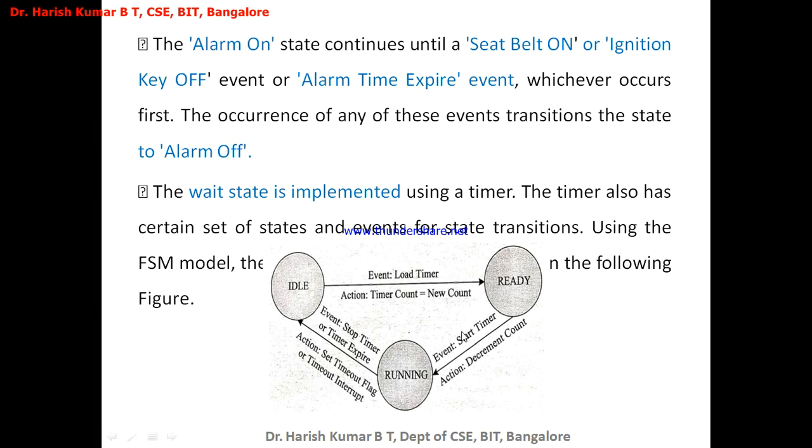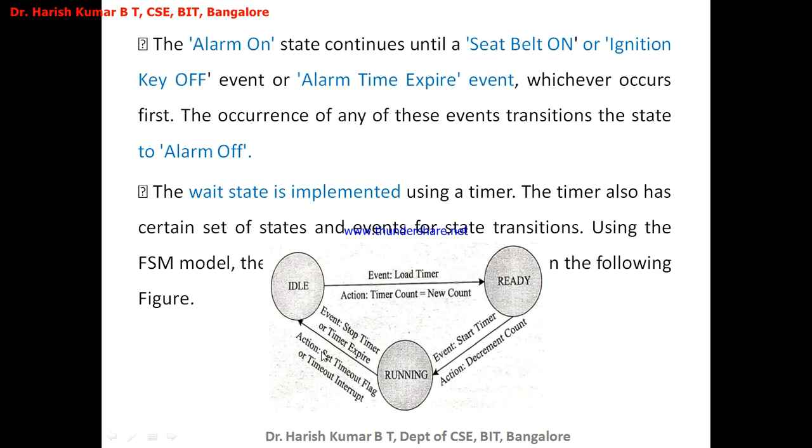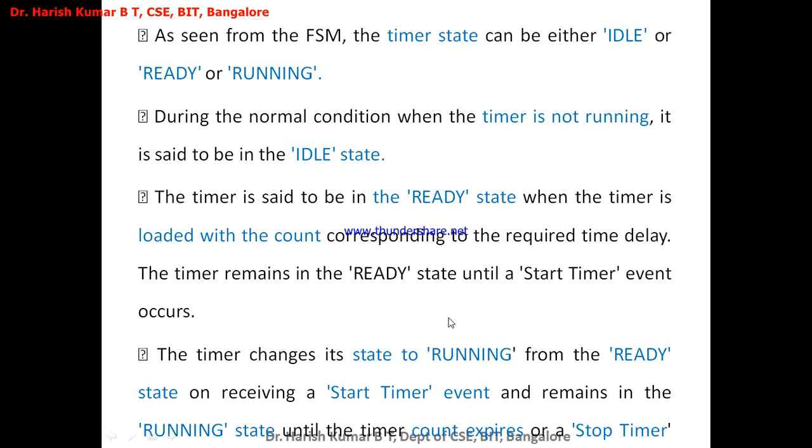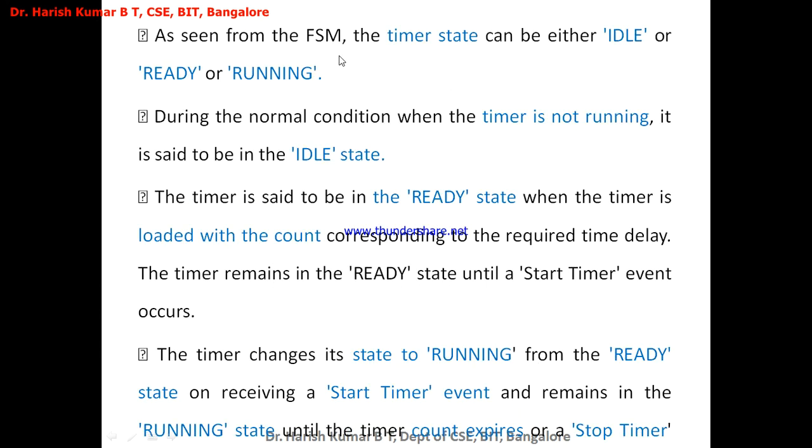So this is again the finite state model for modeling the wait state, which was there in the previous finite state machine model. This is the wait state implementation using a timer. This state diagram is explained here. As seen from the FSM, the timer state can be either idle, ready, or running. While the timer is not running, it is said to be in the idle state.